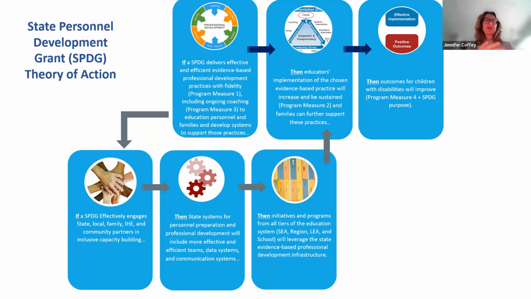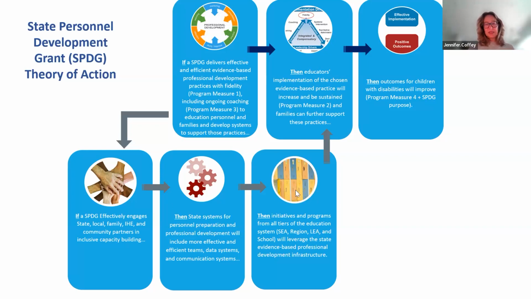It looks at your selection, your training, your coaching, your data systems, how administrators are part of it. If you're doing all that well, then we think that educators, professionals, personnel start using those skills that you're focused on. And then when they use those skills, we think that outcomes for children with disabilities will improve. Lots of assumptions there, but that's our theory of action.